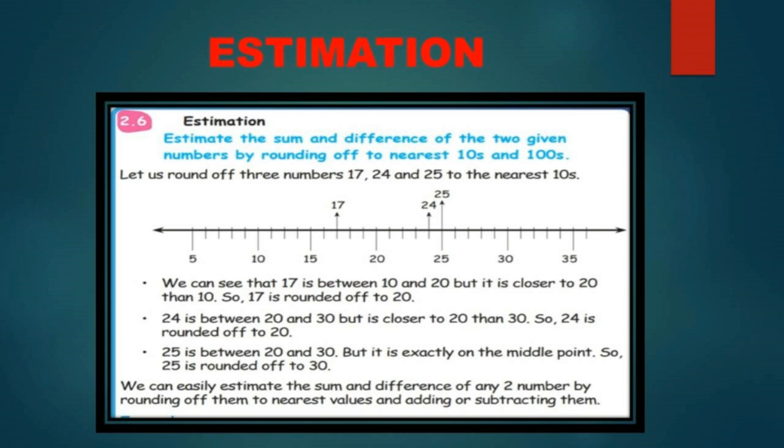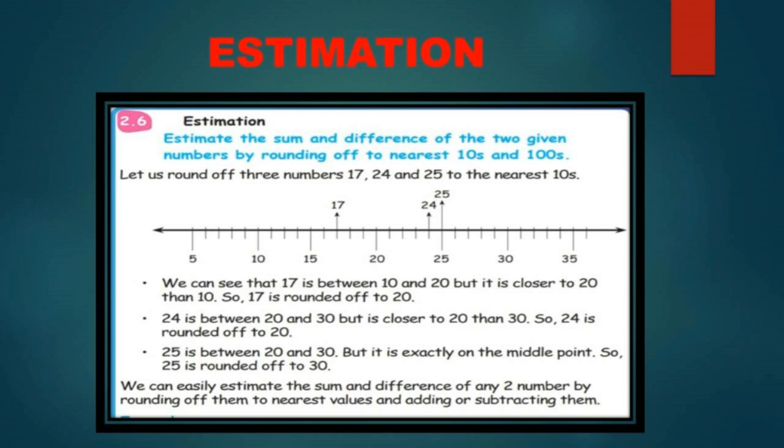The next number is 24. 24 is between 20 and 30. But it is closer to 20 than 30. So 24 is rounded off to 20. The last number is 25. 25 is between 20 and 30.